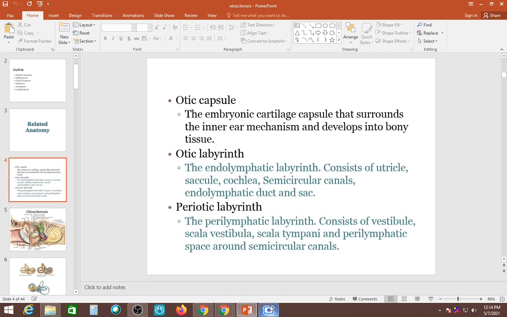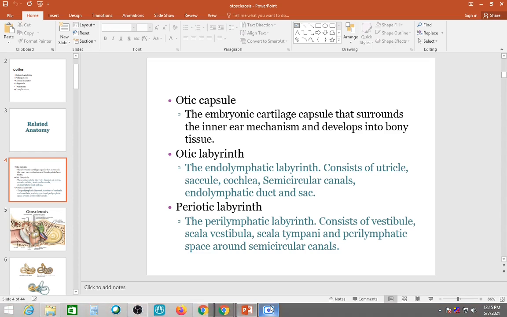The previous slide: otic capsule, otic labyrinth, and periotic labyrinth, these are forming inside the ear. What do we understand by the otic capsule? The otic capsule is the embryonic cartilage capsule that surrounds the inner ear.